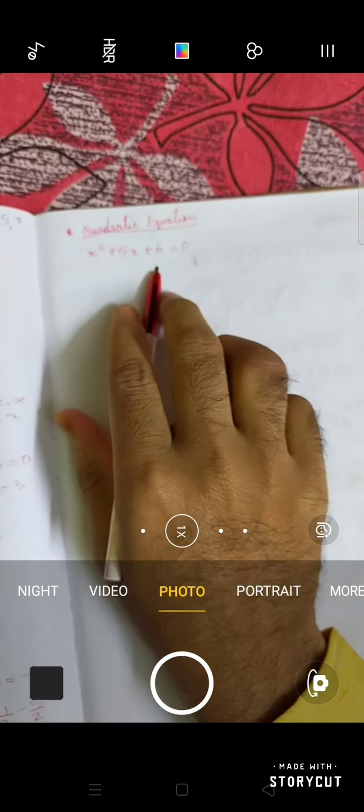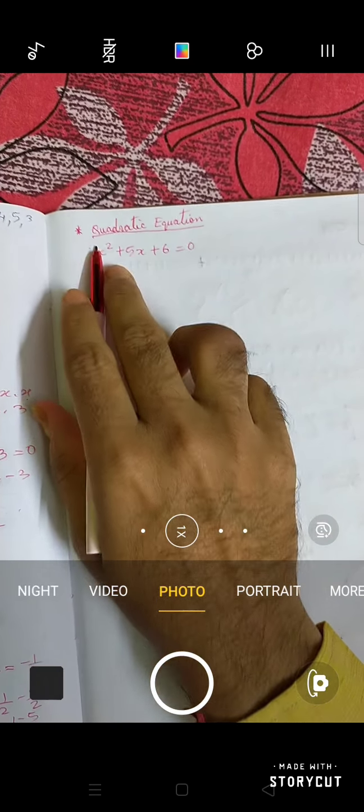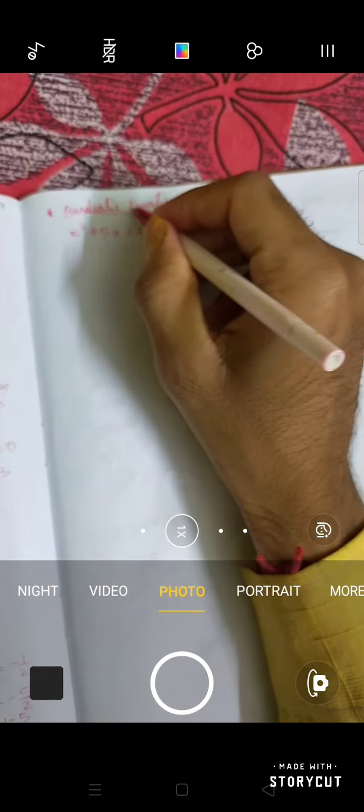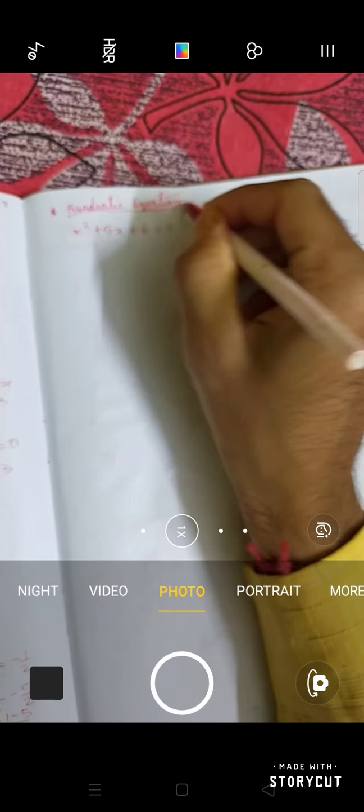This was the question. Now we'll solve it by quadratic equation. Sorry, quadratic formula, my mistake. It's called the quadratic formula.